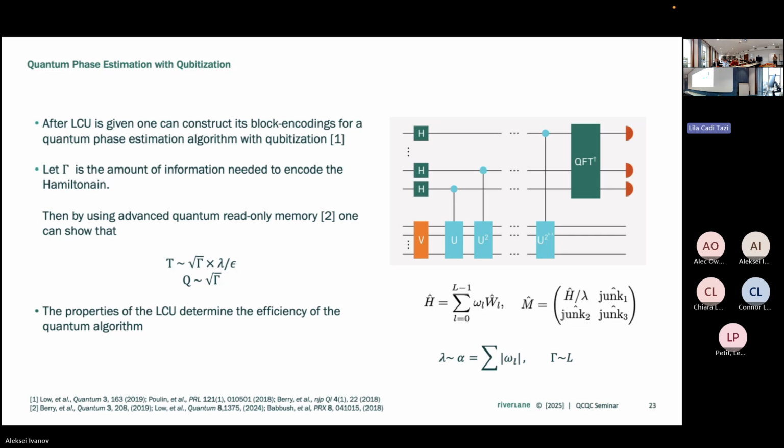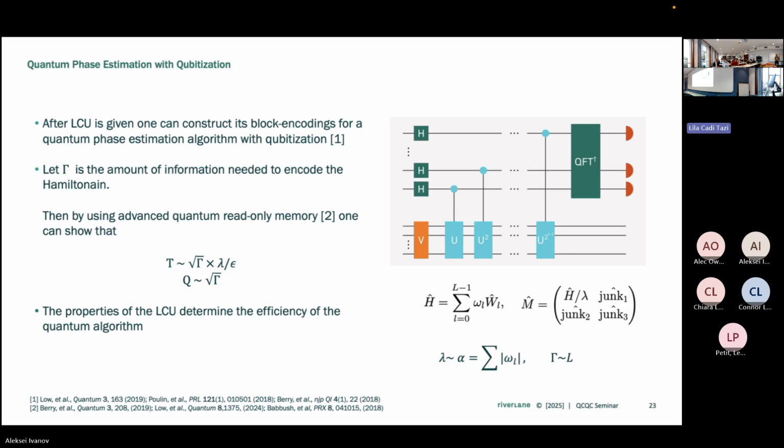And then to get the Toffoli count, you also need to multiply by this lambda, which basically dictates how many controlled unitary operations you need to apply to measure the energy with accuracy epsilon. So this lambda is very important in this type of algorithms. And what you can immediately see is that the properties of this LCU decomposition determine the efficiency of the quantum algorithm.